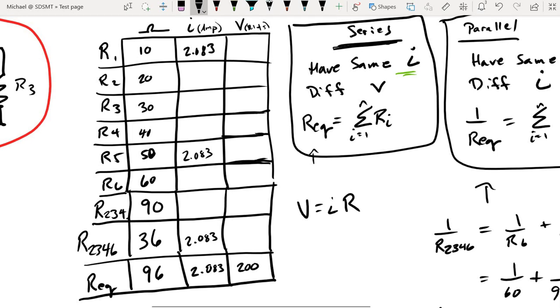We can now apply Ohm's law to those resistors to find out what the potential across each of those resistors needs to be. For resistor 1, we have 10 ohms. We have a current of 2.083, which will produce a voltage value of 20.83.